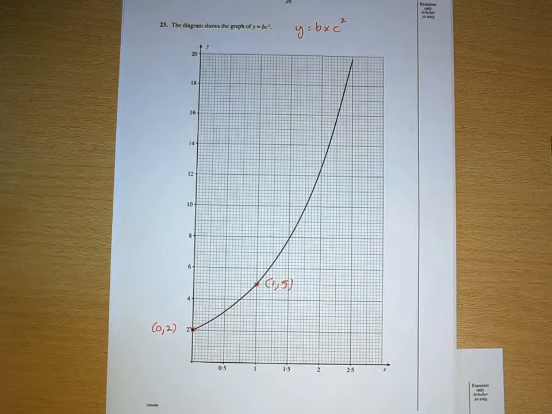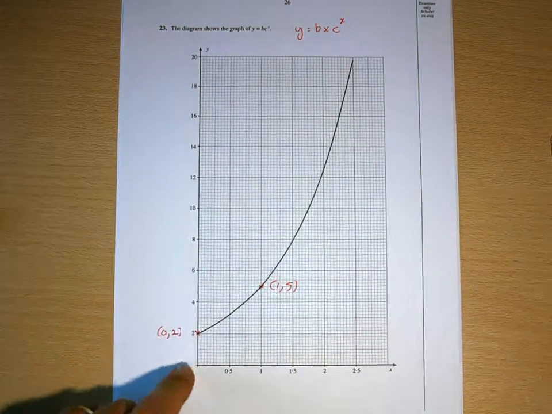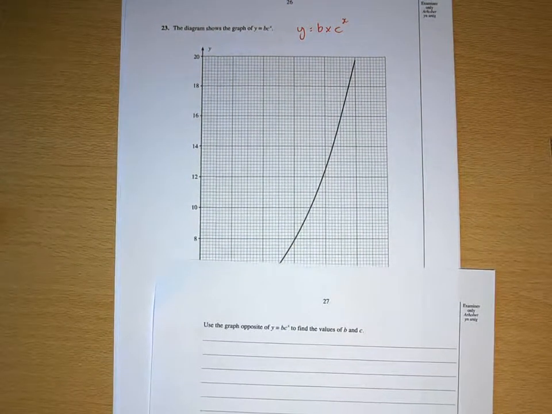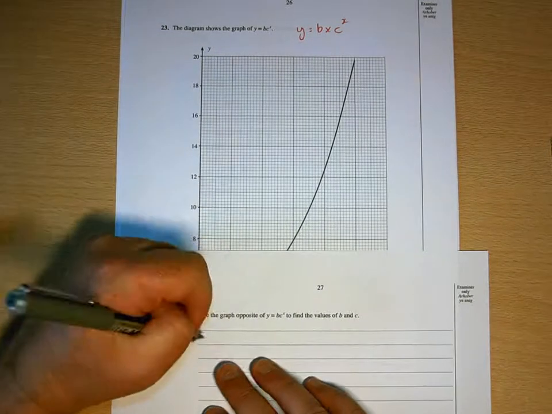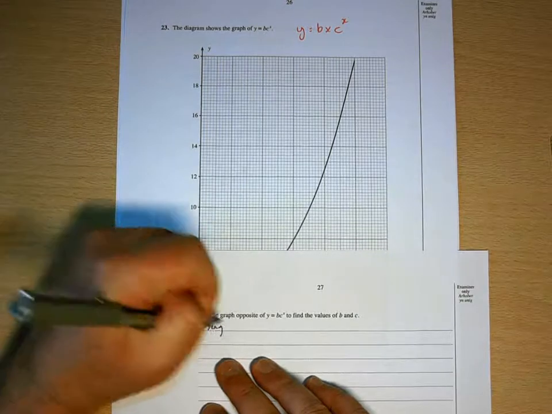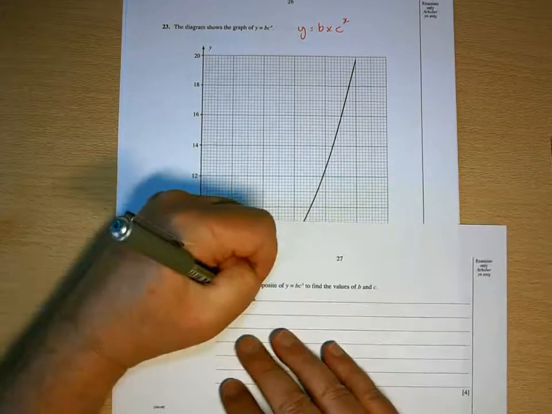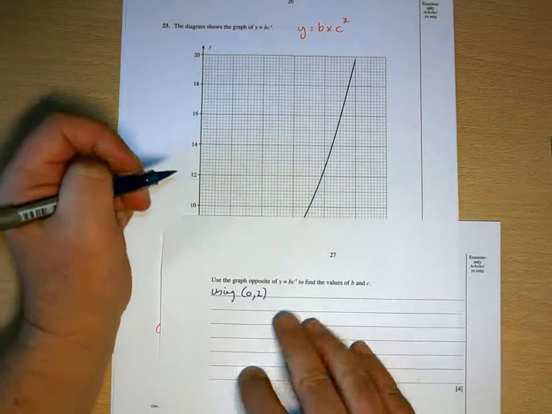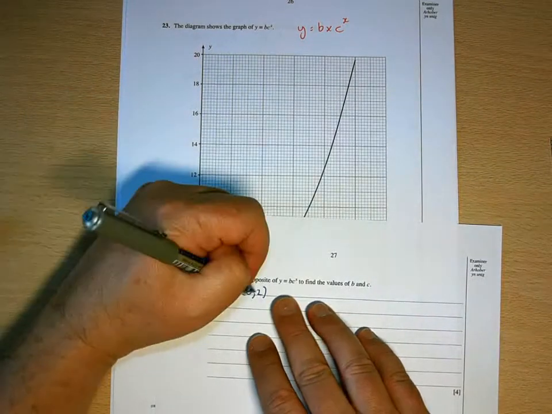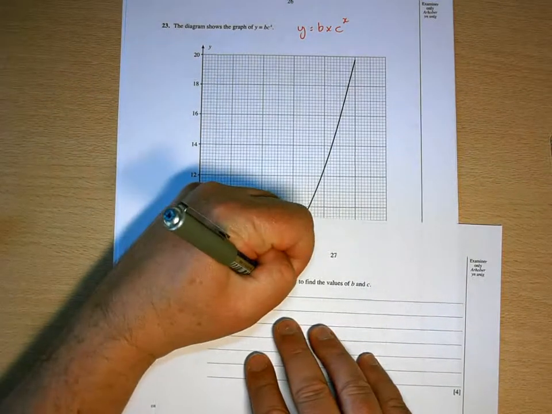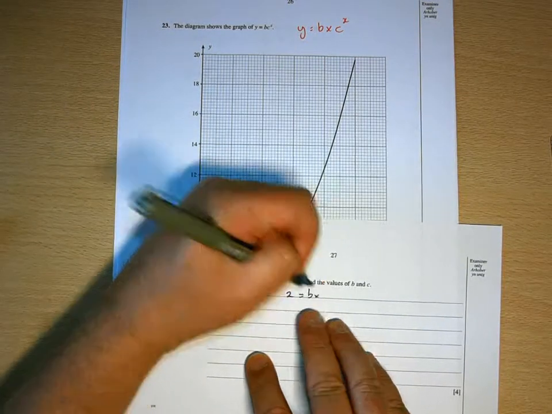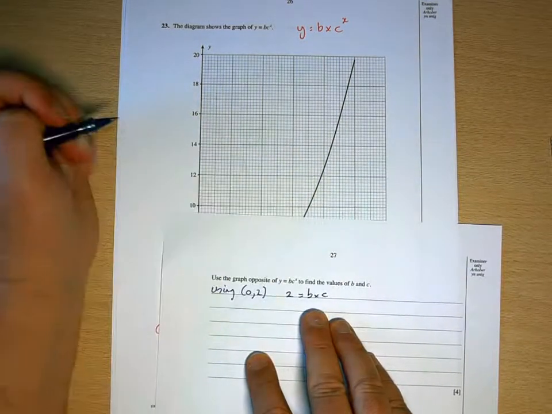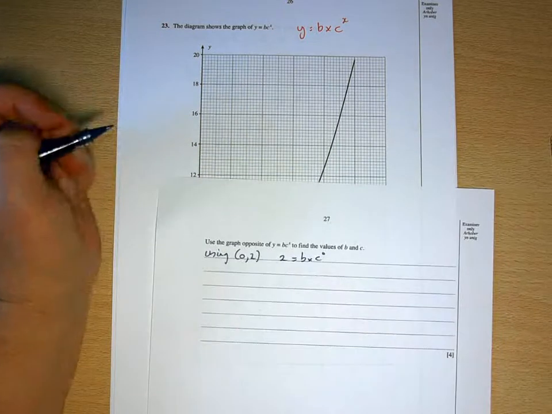So what we're going to do now is use those pairs in this equation to find the missing values. So using 0, 2, the equation becomes 2 equals b times c to the power of 0.